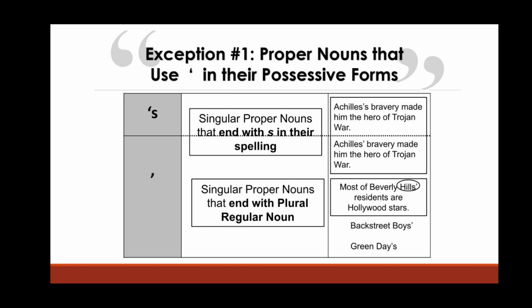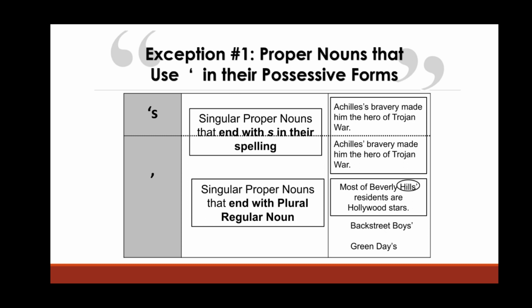So, we have here Backstreet Boys. Now, Backstreet Boys is a name of band. Okay? Therefore, a proper noun. At yung name ng band nila ay nagtatapos sa word na boys, which is an English word in plural form. Kaya kung itatransform ko sa possessive form yung band name nila, that will be Backstreet Boys with apostrophe.